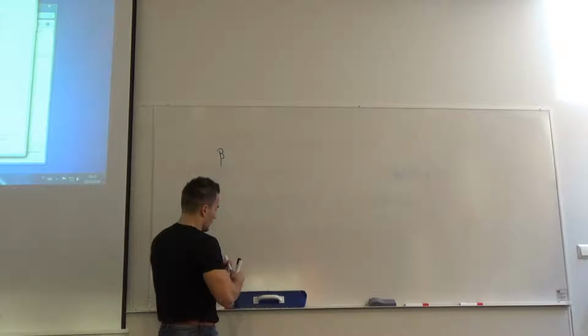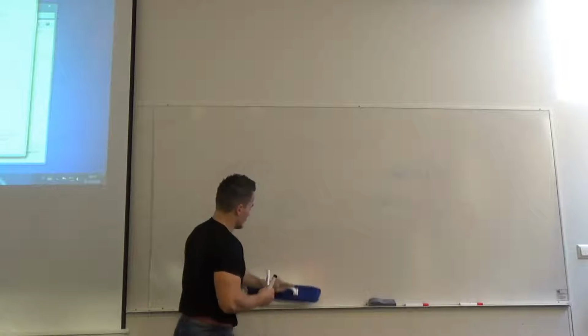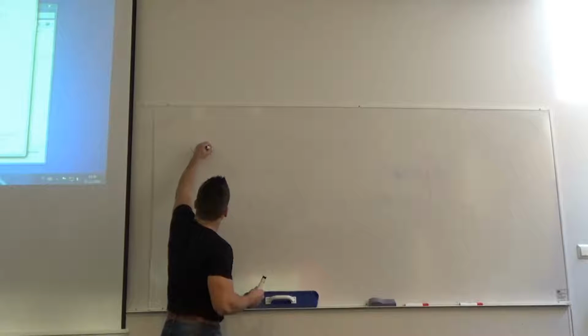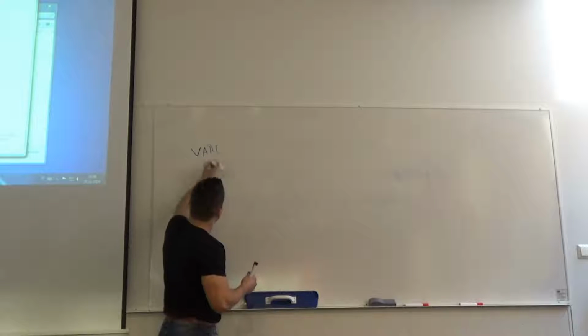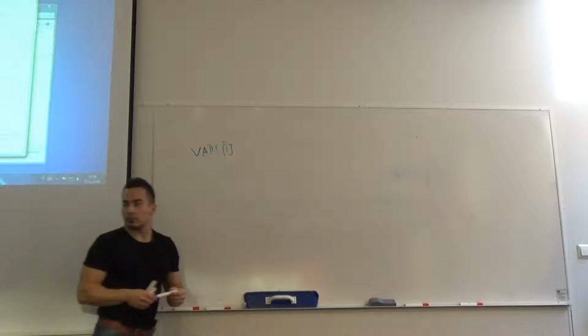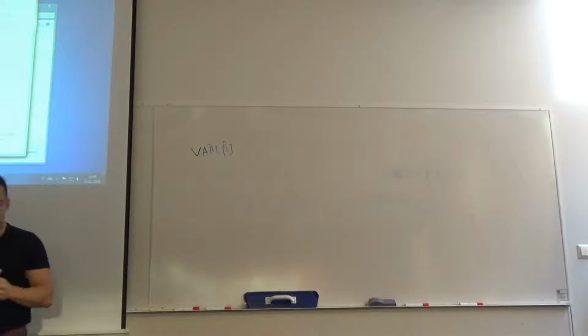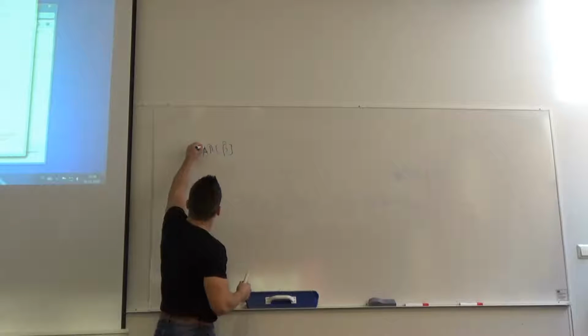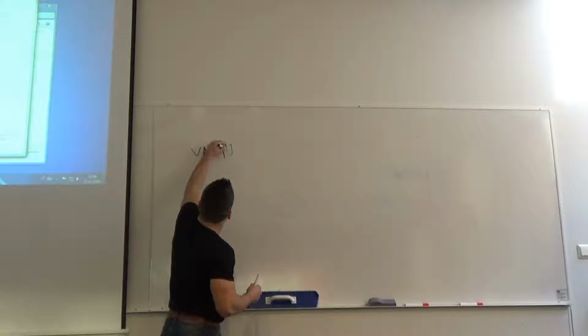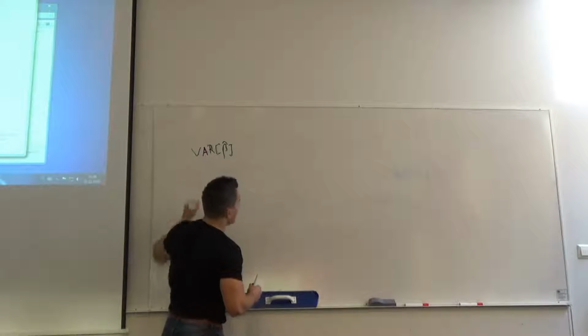So once again, the question is, what's the variance of our point estimates? I think this blue pen here doesn't work anymore, so I will take the black one. So what's the variance of our point estimator, beta hat?